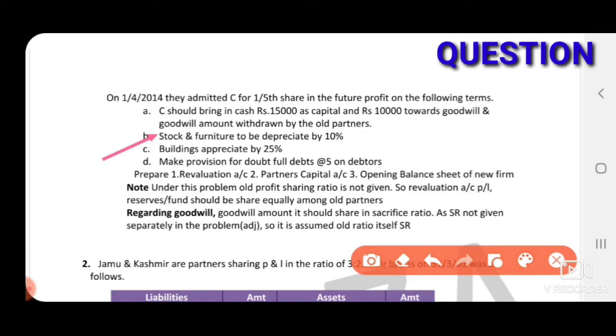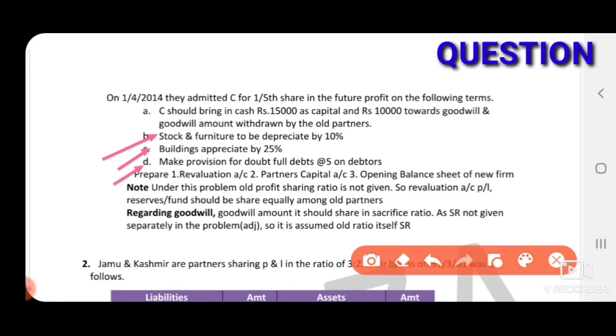Depreciation we have to record under revaluation account debit side, 10% on stock value and furniture value. Next, buildings appreciated by 25%. Appreciation means an increase in the value of assets, which is an income, so income under revaluation account credit side.